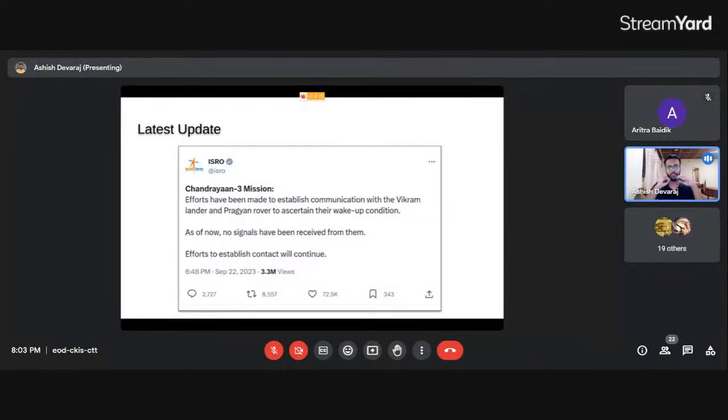But till now, we have not found any signals from the rover or lander. They are still trying for it. Today is the 23rd, and no other updates have come from ISRO. This was the last update that came. So still, we have not received any signal. Hopefully we will.